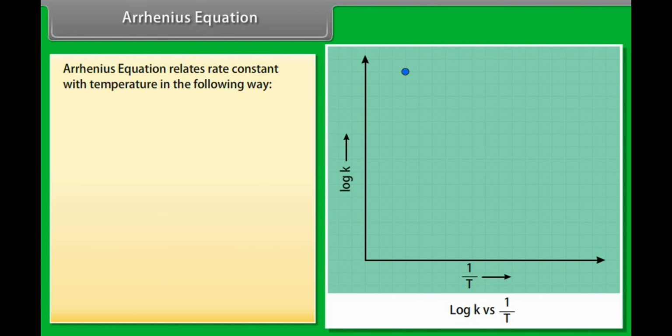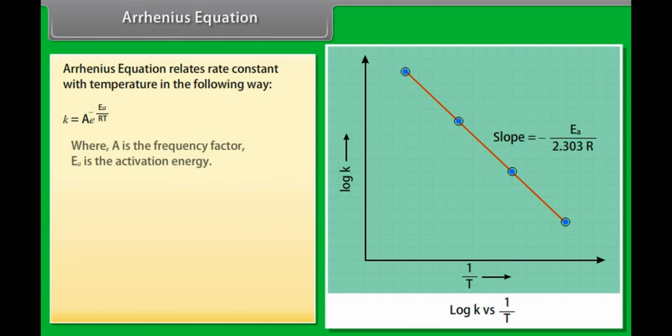Arrhenius equation. The Arrhenius equation relates rate constant with temperature as K is equal to the product of A and e raised to the power minus EA upon RT, where A is the frequency factor and EA is the activation energy.